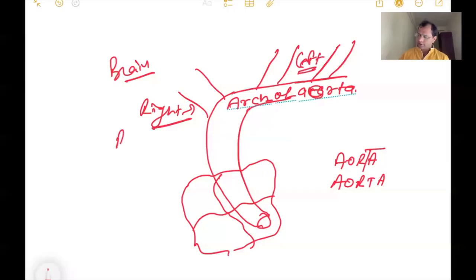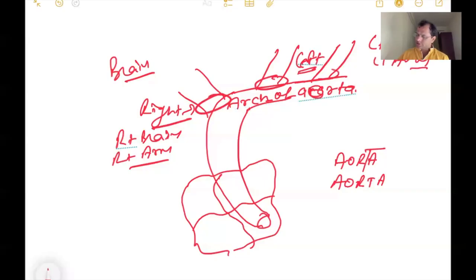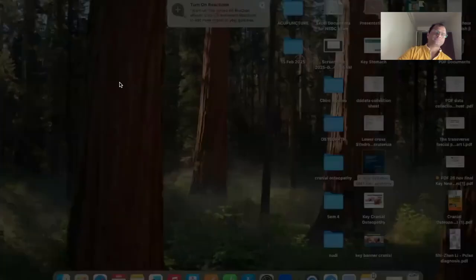One is supplying the right brain and the right arm, and these two are supplying the left brain and the left arm. So three arteries come out from the aorta. What is the name?